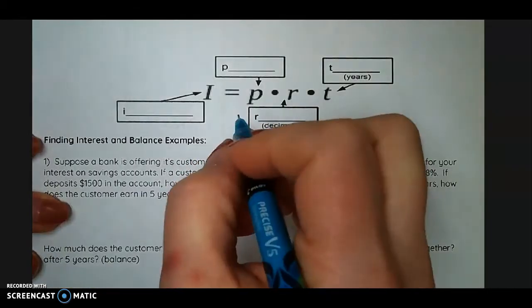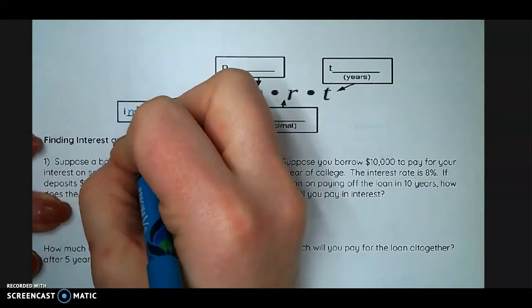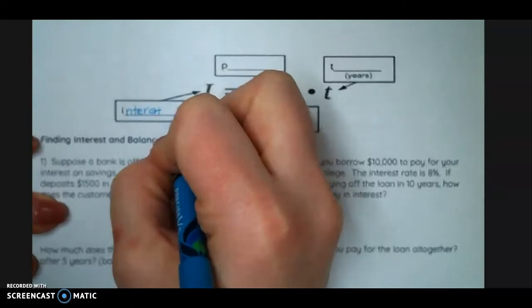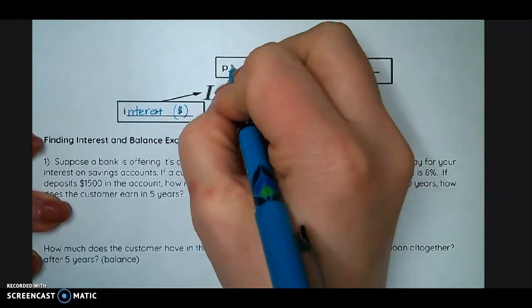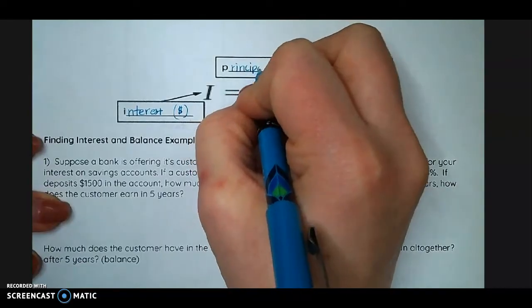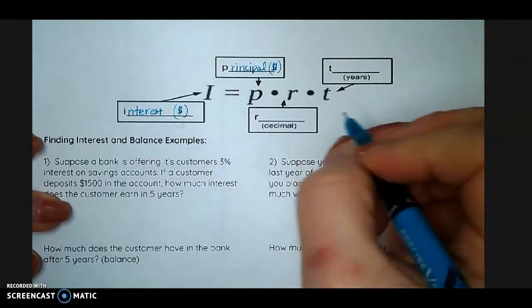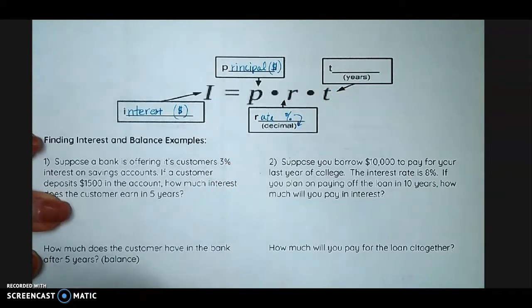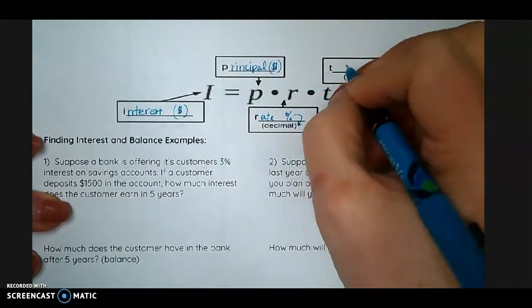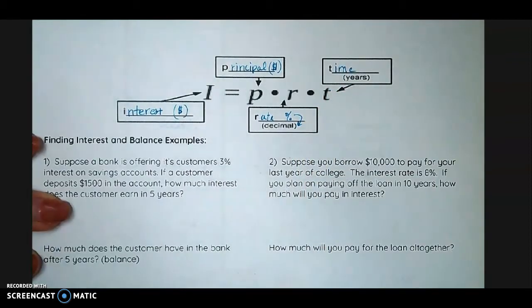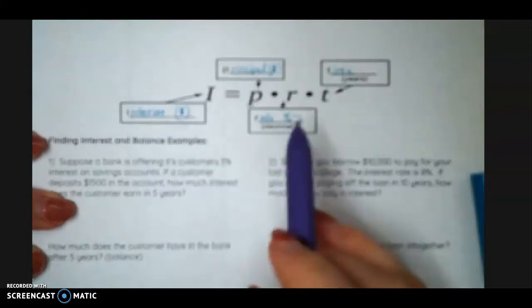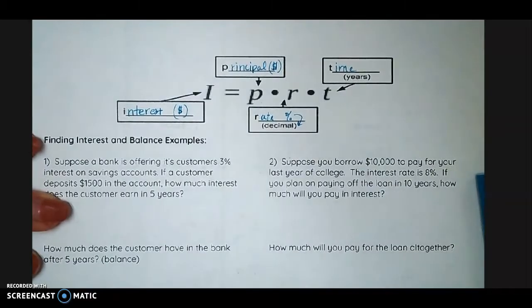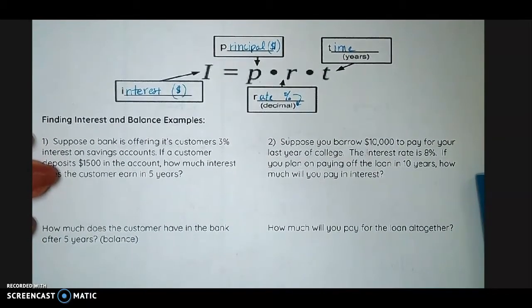So on the back we have the formula, simple interest, and again that's in dollars, is the principal, which is also in dollars, times the rate, which is a percent that we then convert to a decimal, and T stands for time in years.